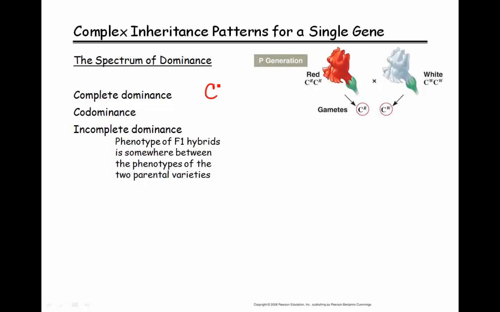We have a CR allele and we have a CW allele. The CR allele is for red and the CW allele is for white. So if you have two copies of CR, so homozygous CR, that produces a red flower. If we have two copies of CW, that produces a white flower.